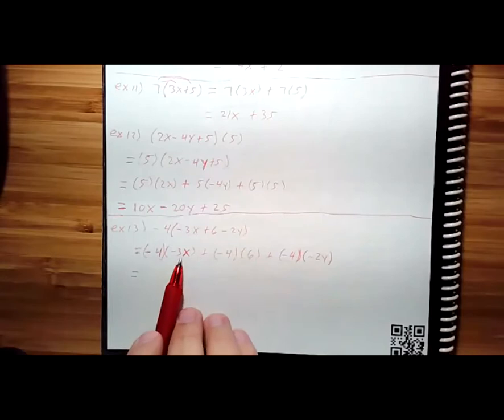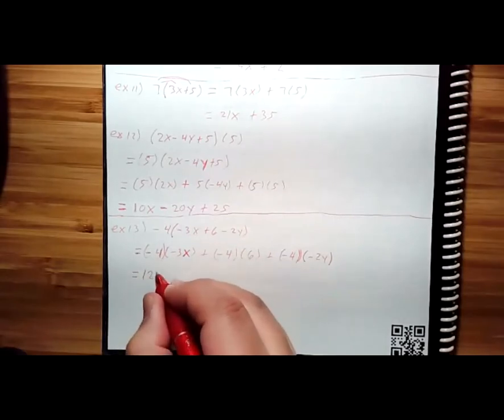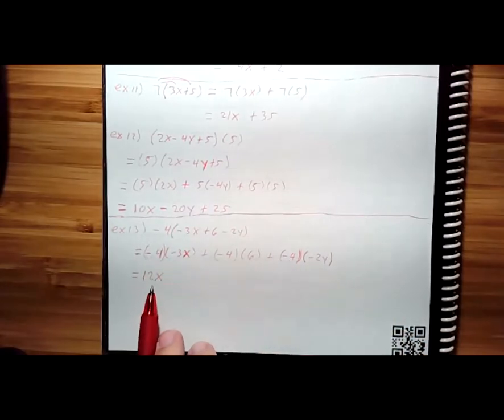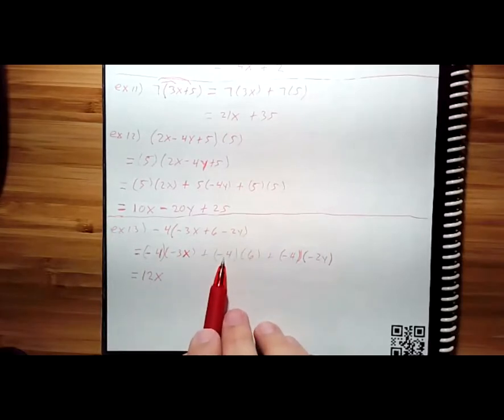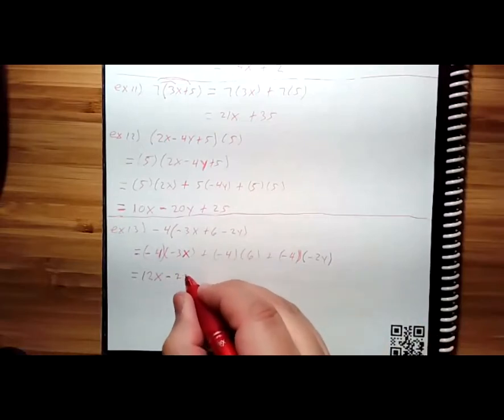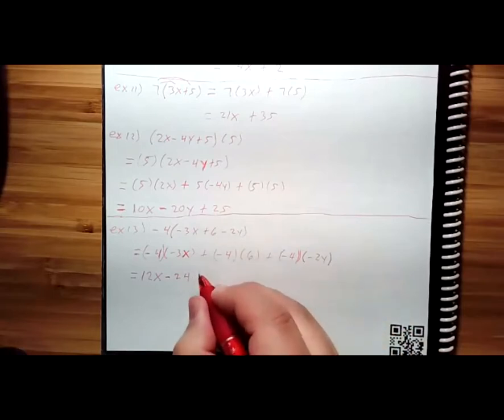So negative 4 times negative 3. Negative 4 times 6. So negative times negative is positive, right? 12. Negative 4 times a positive 6 will be negative. Negative 4 times negative 2 will be positive.